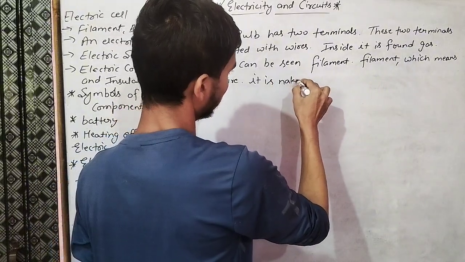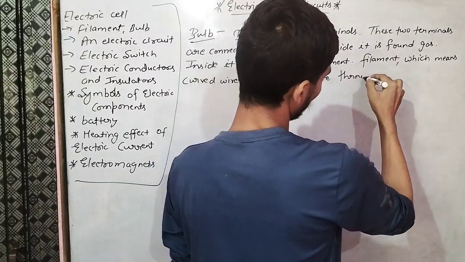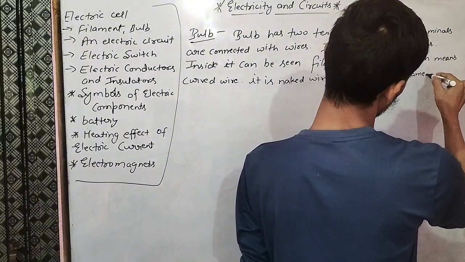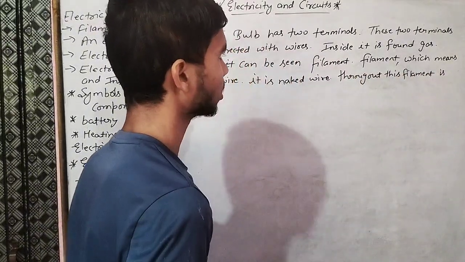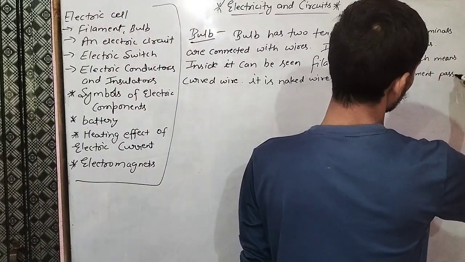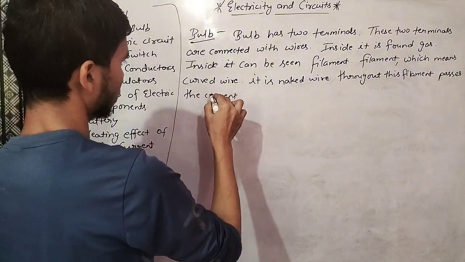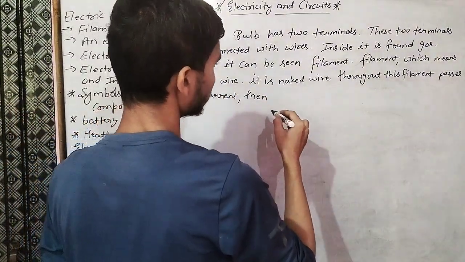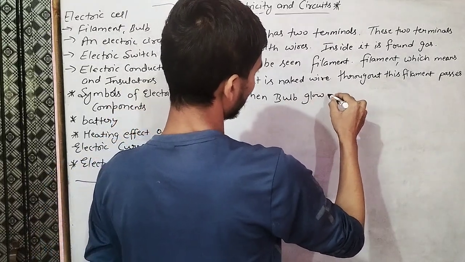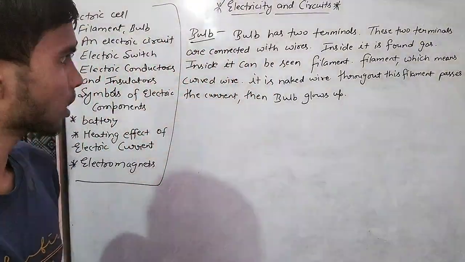It is a naked wire. Through this filament passes the current. Then the bulb glows up. Clear?